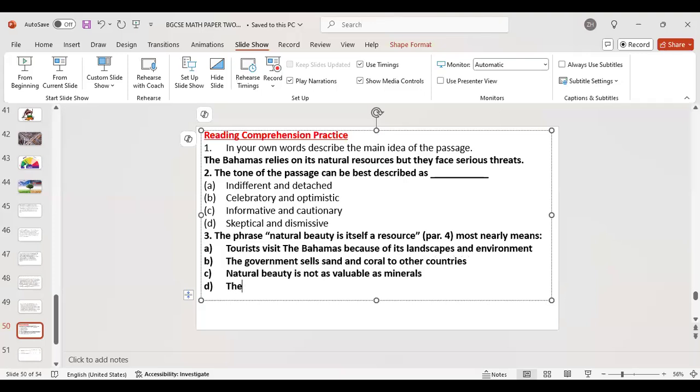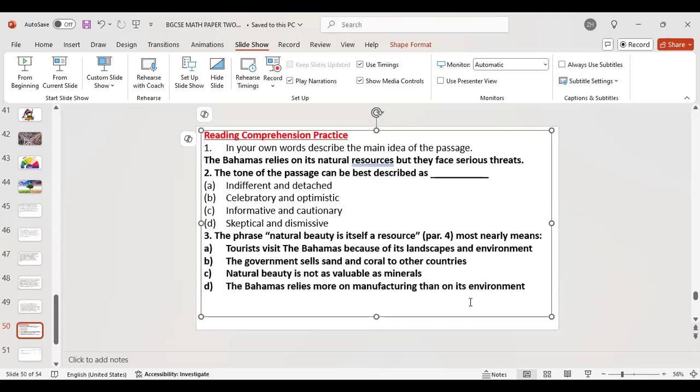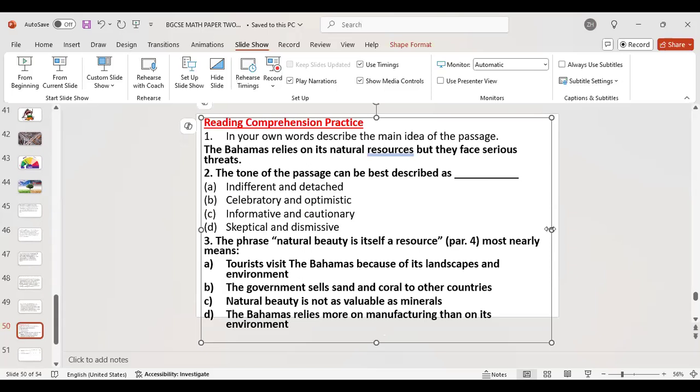And D, the Bahamas relies more on manufacturing than on its environment. Good. So let me enlarge this some more. Why is this not enlarging? Good.